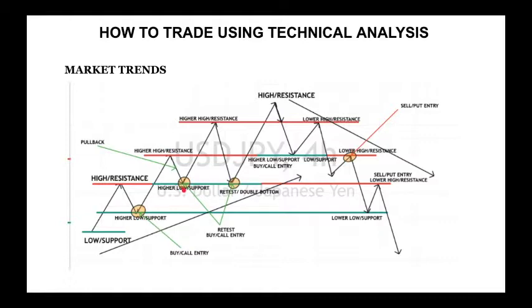So when price pulls back, it's not definitely going to come back to the lowest support, or it's not going to come back to the support area. But most times it can, but it will definitely respect the previous resistance. So when it comes back to that area of resistance, it's going to make use of that area of resistance as new support.